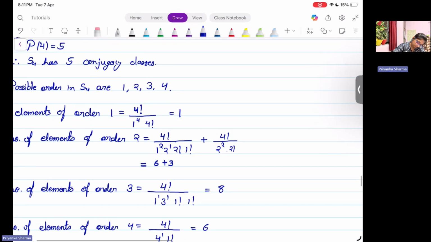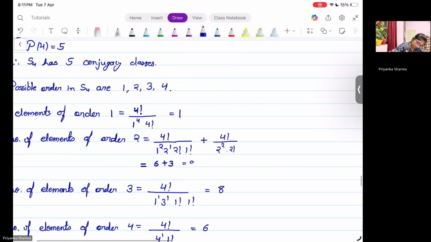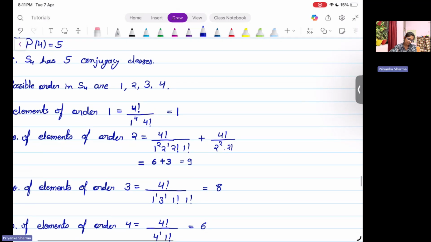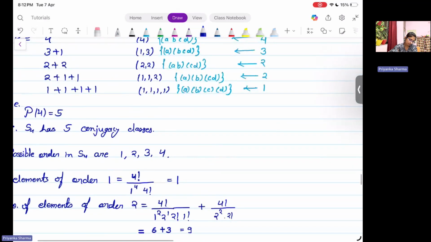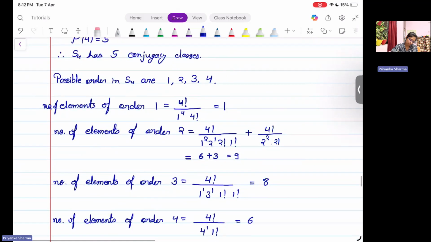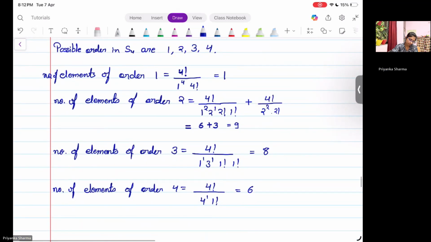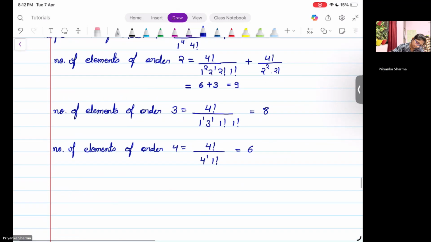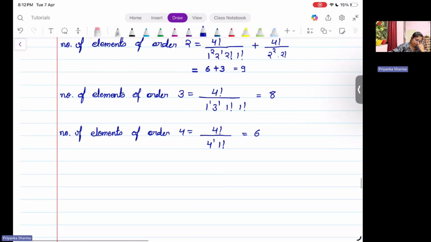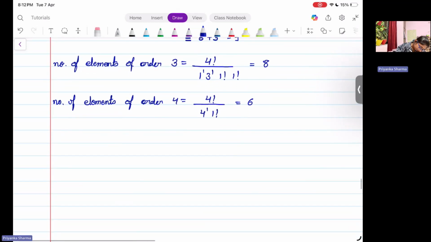Okay. Check whether their sum is order of S4 or not. So 1 plus 9 plus 8 plus 6, that is 24. But what is the class equation of S4?